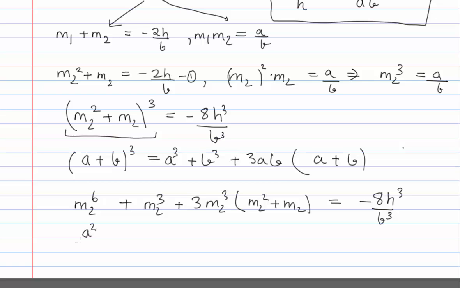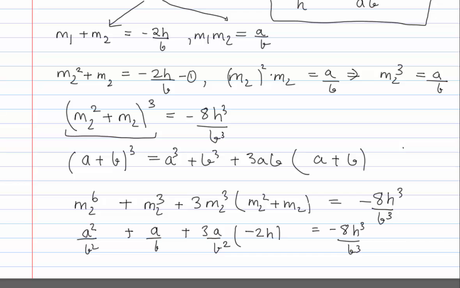And m2 cube we already have, so this is just equal to a upon b, and then 3 times m2 cube, we again have this, 3a upon b, and then finally m2 square plus m2. Well, we already had this in the beginning, so this is just equal to minus 2h upon b, so this is b square, and then we have minus 8h cube upon b cube.